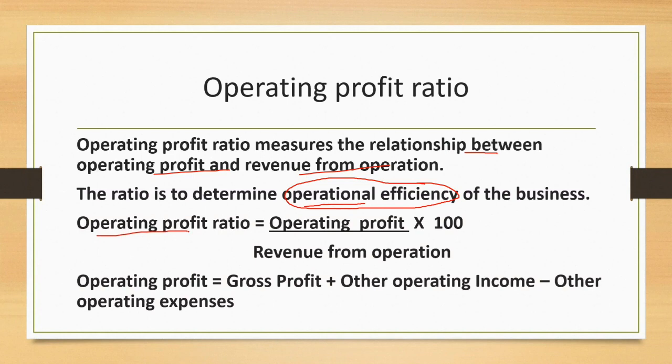Operating profit is the profit which a company generates from its core business functions, that is the main business functions. So the formula for operating profit is gross profit plus other operating incomes less other operating expenses, and the formula for operating profit ratio is operating profit divided by revenue from operation into 100.